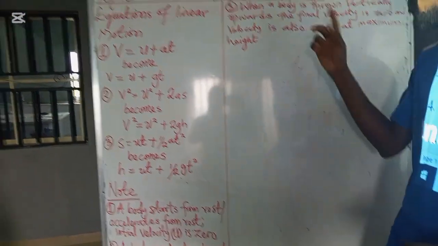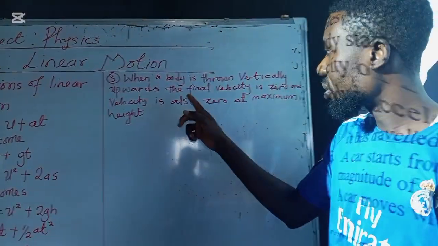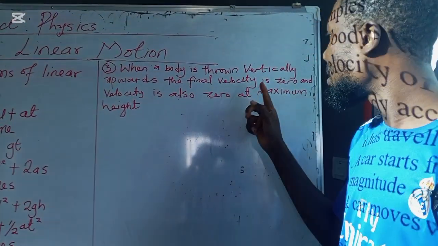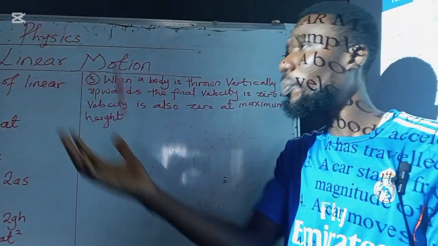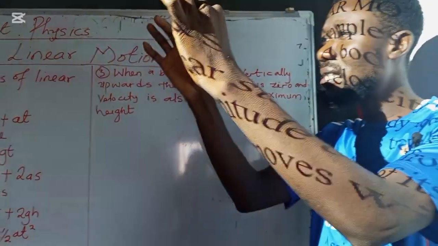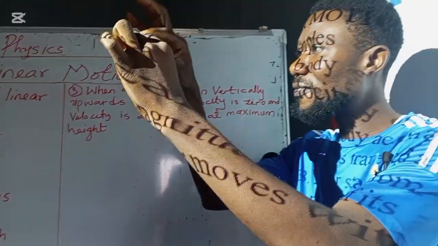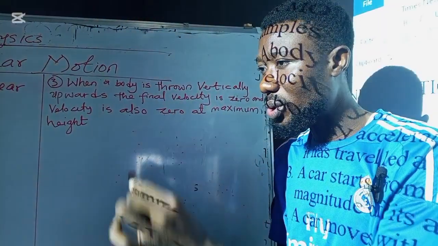Number three says when the body is thrown vertically upwards, the final velocity is zero. If I throw this marker upward, the moment the marker gets to this point, the final velocity is regarded as zero before it starts coming down.